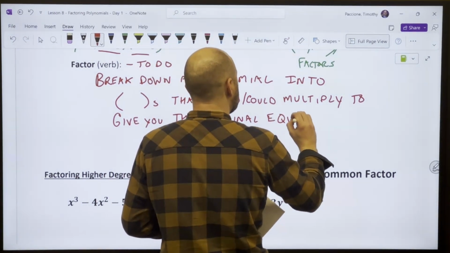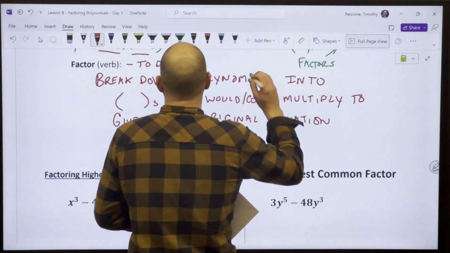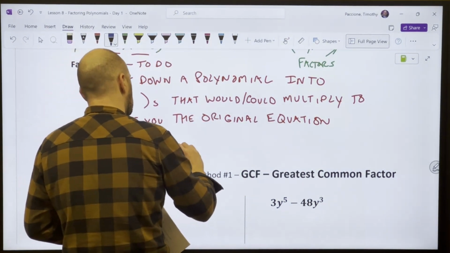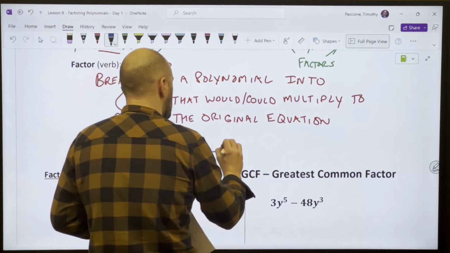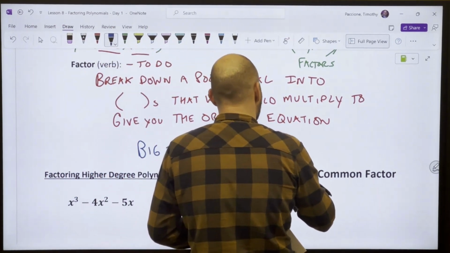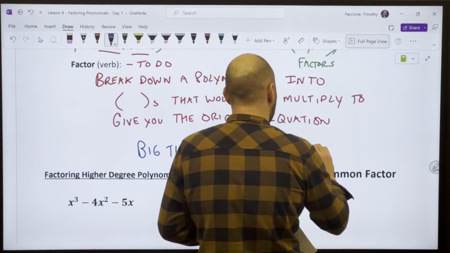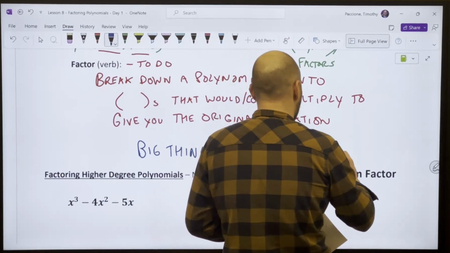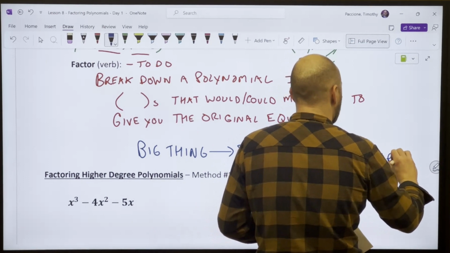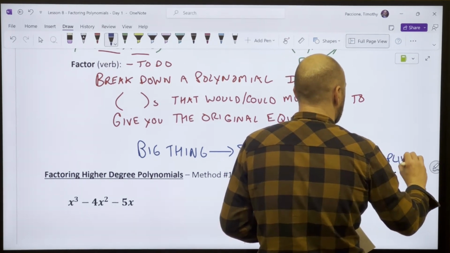So that's just a fancy way of saying big thing to smaller pieces that are being multiplied. Just like 6 became 3 and 2.